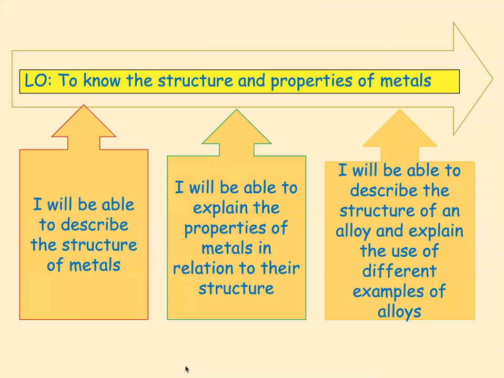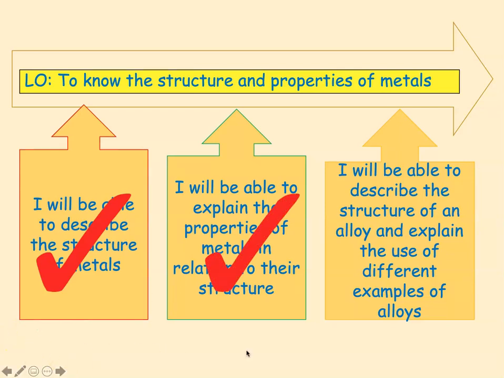Okay, so now hopefully we're able to describe the structures of metals, and hopefully we're also able to explain the properties of metals in relation to their structure. So we've done our first two success criteria. So let's look at our third one.